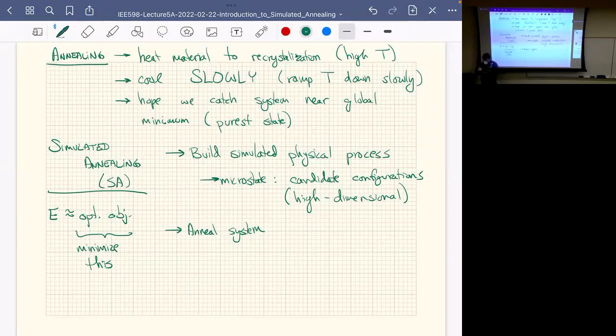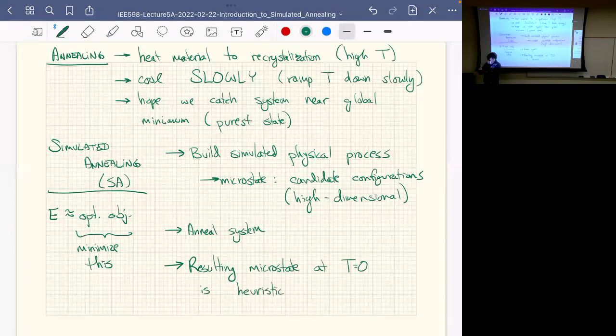And then as we cool it to its lowest temperature, it should hopefully settle down exactly at the global minimum. And so the outcome here is that the resulting microstate at t equals 0 is our heuristic optimizer, so our good enough output of our minimization problem.